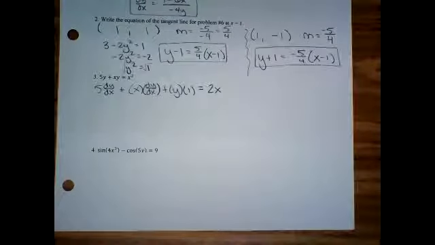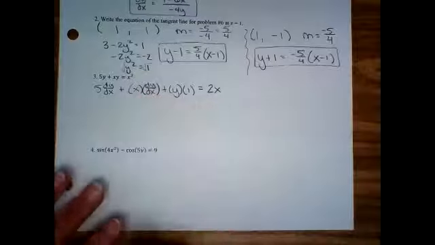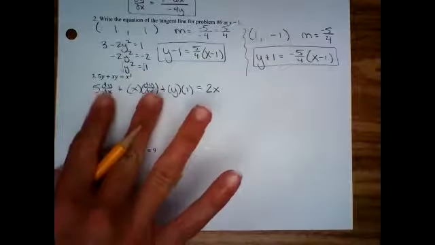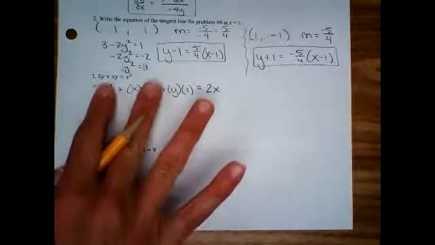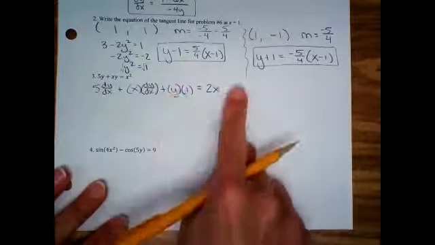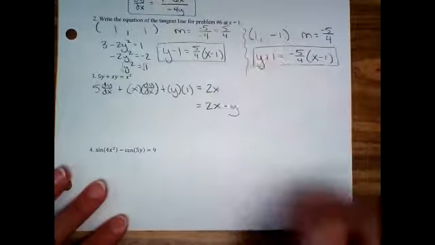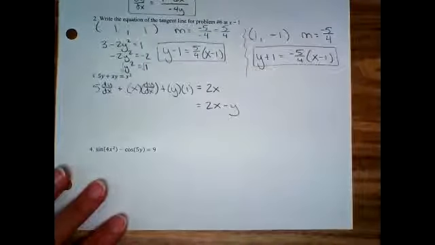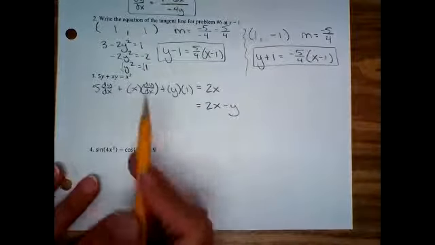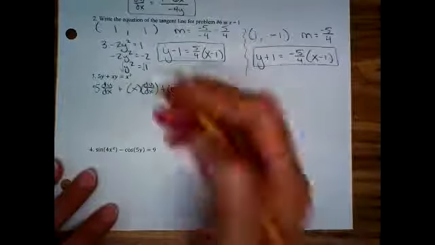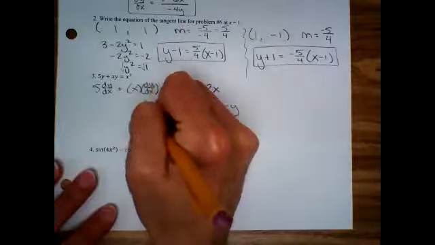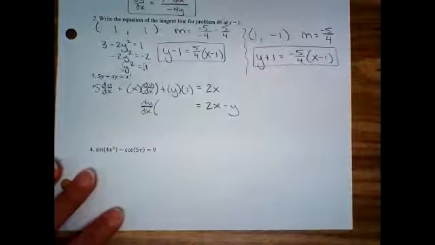Now we have all the algebra to do. You have to get dy dx by itself. Both of these terms have a dy dx, so we're going to leave them where they are. This is going to get subtracted to the other side. So when you subtract that over, it'll be 2x minus y. And then for what's left, since they both have a dy dx, you can factor dy dx out.